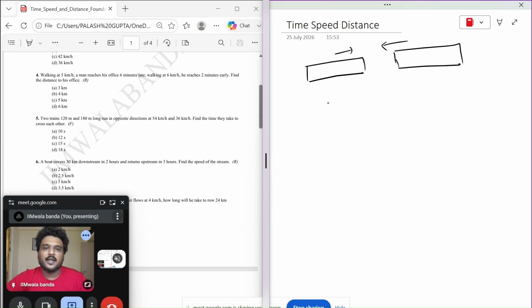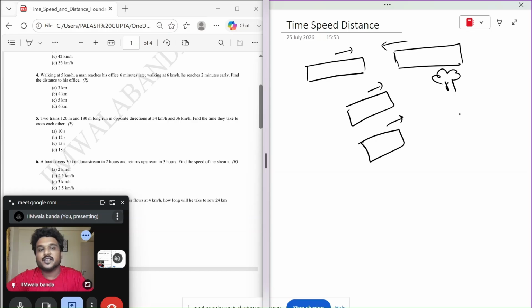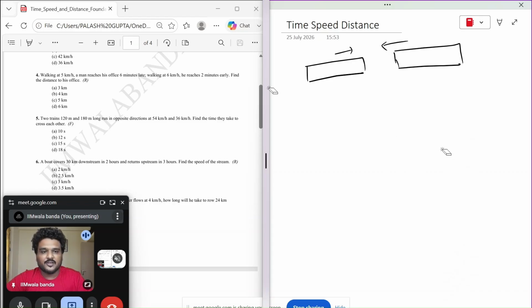For example, if you see a tree which is on a train moving towards you, suddenly you will see that the tree is moving towards you very fast. That is called relative speed, and that is the basic concept: if there are two objects which are moving towards each other, their relative speed will increase.